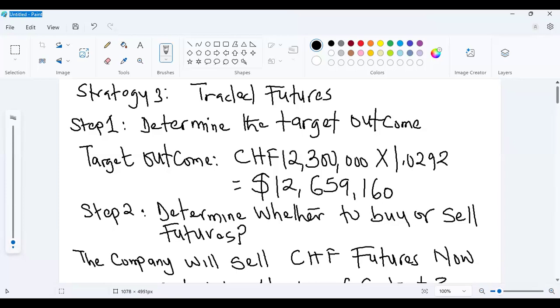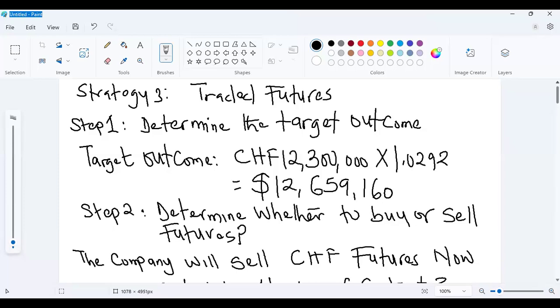Now, your step 1, determine what you target to achieve. What you are targeting to achieve is you are afraid of fluctuation in exchange rates. Assuming you receive your money immediately, you convert to dollar, you don't have any risk. But you are going to receive the money in 6 months.